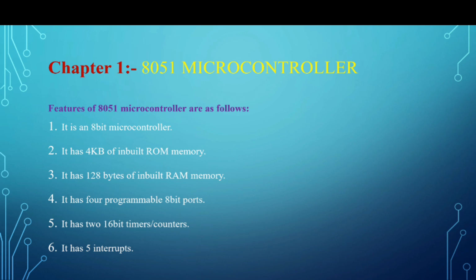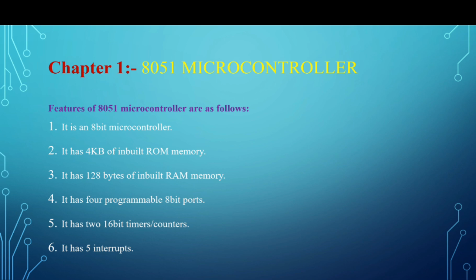Programmable means I can configure these port lines either as input lines, where I can read input data, or as output lines, where I can transfer my data to the external world. So these four 8-bit ports can be configured either as input port or output port.